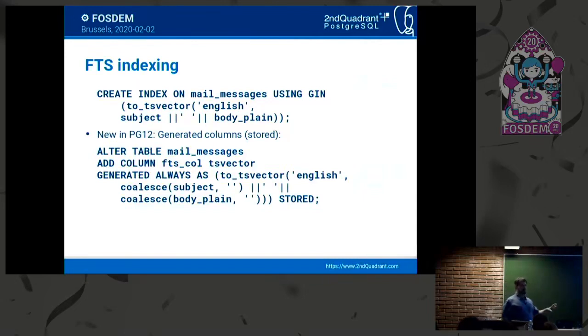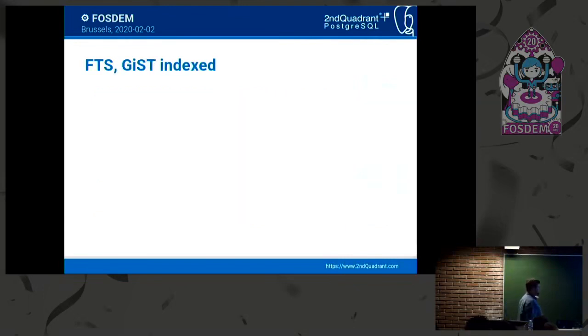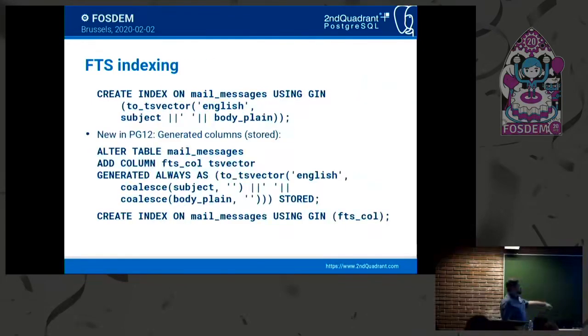That means they stay on your disk. They're not generated on the fly. So, as TS vector, coalesce to get rid of nulls, coalesce this with a blank space and the body. And that will keep your TS vector column updated all the time, even though you may be only updating the emails column. And then you just create an index on that generated column.